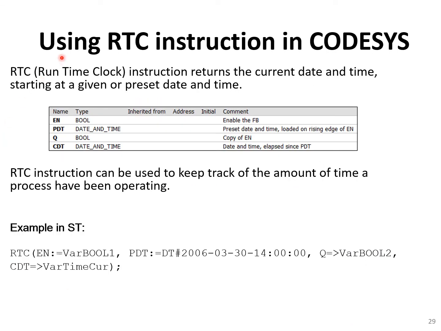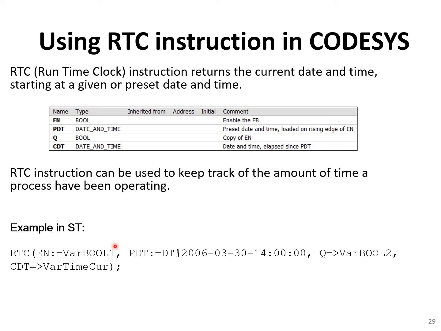Using the RTC instruction in Codesys. RTC, runtime clock instruction, returns the current date and time, starting at a given or preset date and time. So here we have the inputs and outputs of the RTC block. The RTC instruction can be used to keep track of the amount of time a process has been operating.